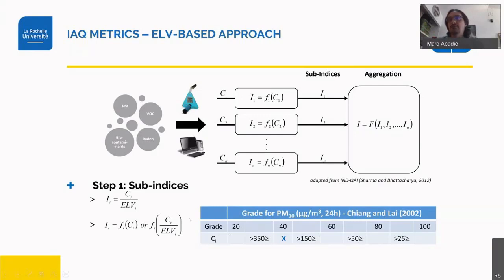But using this approach, you need to have a definition of breakpoints that leads to additional arbitrary choices, and we wanted to avoid arbitrary choices as much as possible. So we just use this simple ratio here in our study in Annex 68.